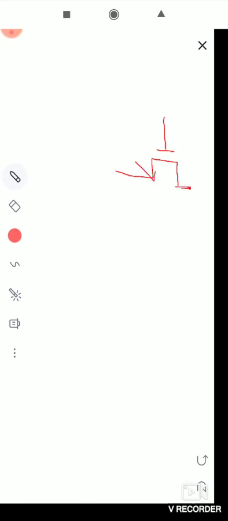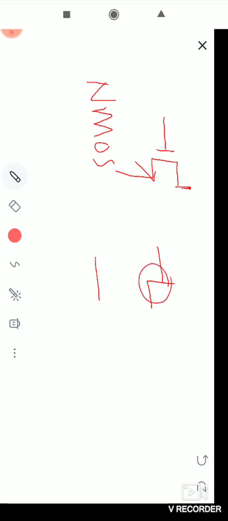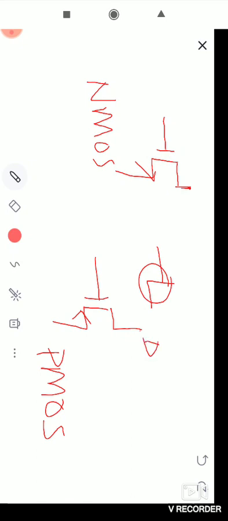This is NMOS. This one is PMOS. The terminals are drain, gate, source.